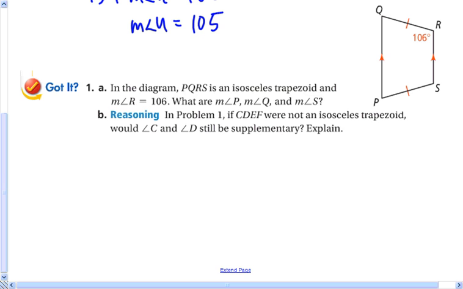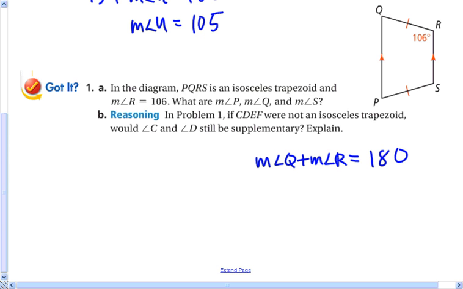I need to change some things for you here. We're going to change this to, well, this first one's okay. So in the diagram, PQRS is an isosceles trapezoid, and the measure of angle R equals 106. What are the measure of angle P, the measure of angle Q, and the measure of angle S? So the measure of angle Q plus the measure of angle R is equal to 180.